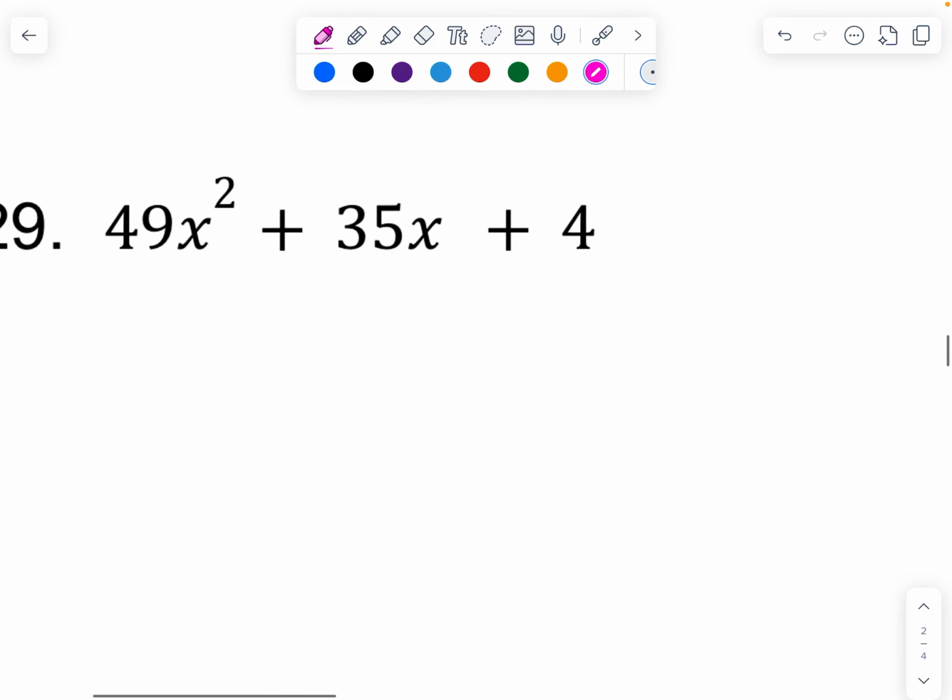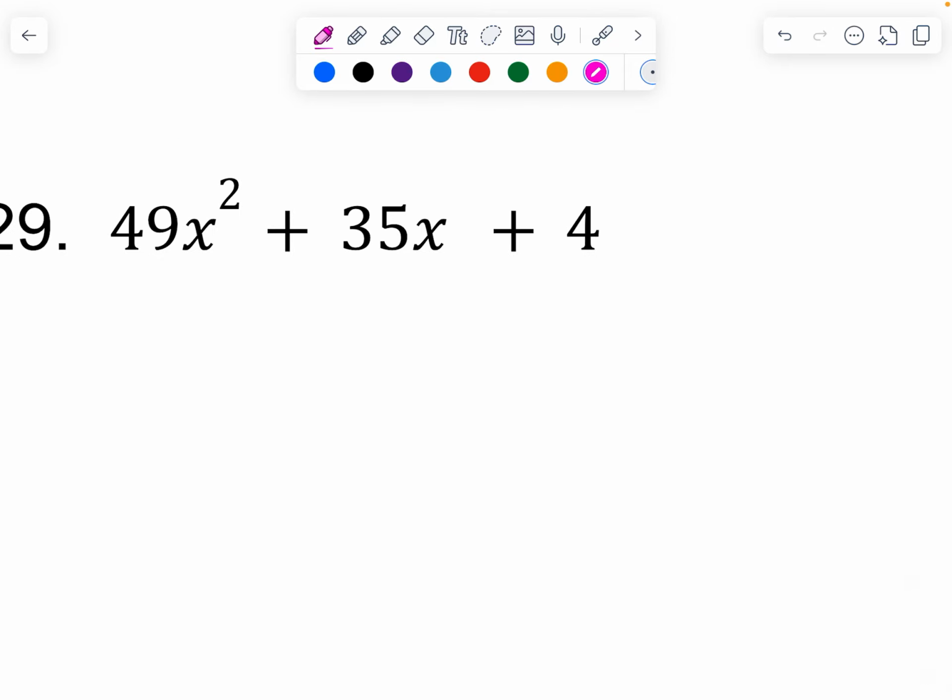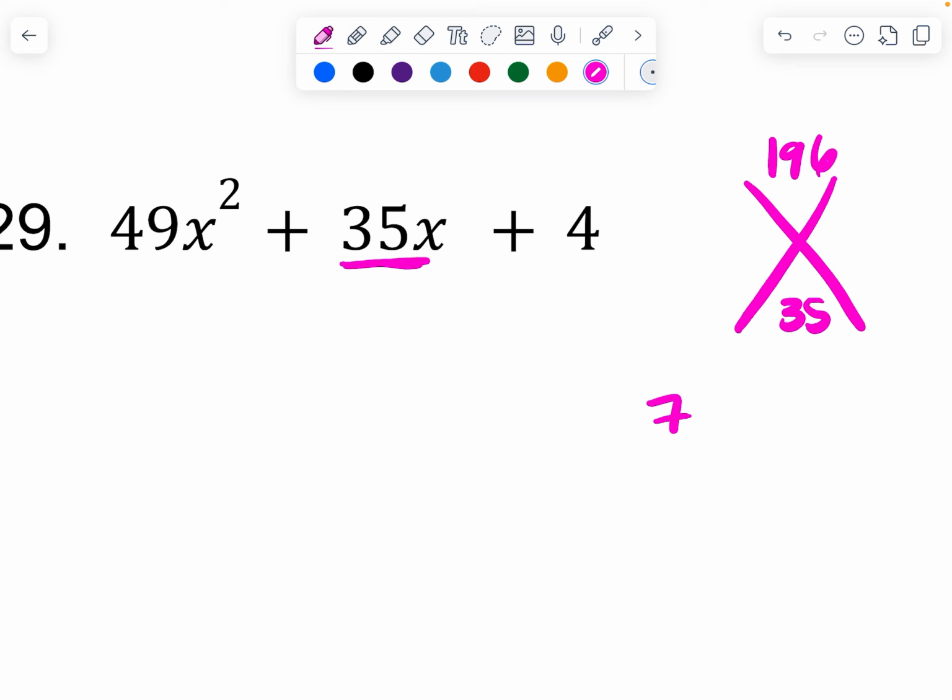This one, first is a perfect square, second, or sorry, third is a perfect square, but this middle, that's not an even number, so 2 times anything, that's not going to work. So in order to do this, I need to do 49 times 4, and I would get 196, and it adds to 35. So I know, let's see, we have 7 and 28.